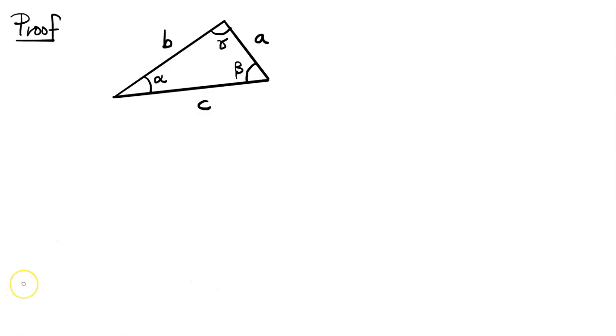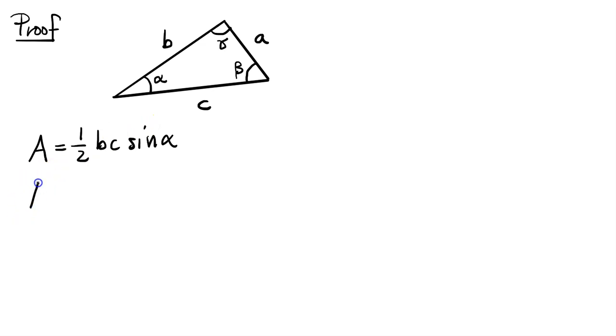So here we have our figure. Now we can use the previous theorem we just proved. It says the area of this triangle, taking first these two sides and this angle in between, is a half b times c times sine of alpha. This is the formula we just proved.